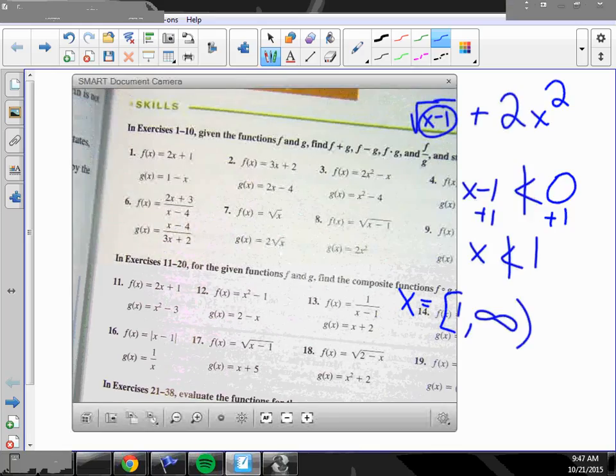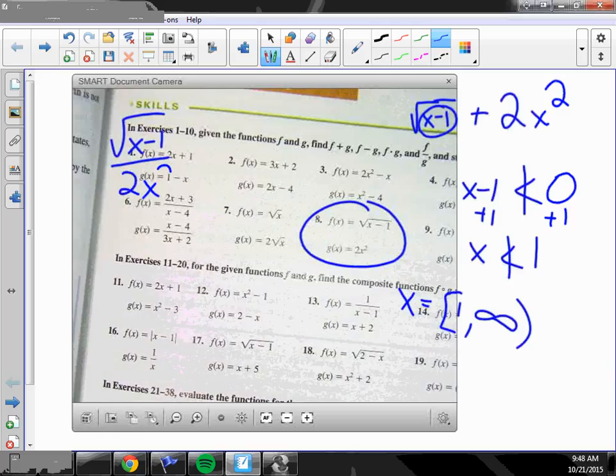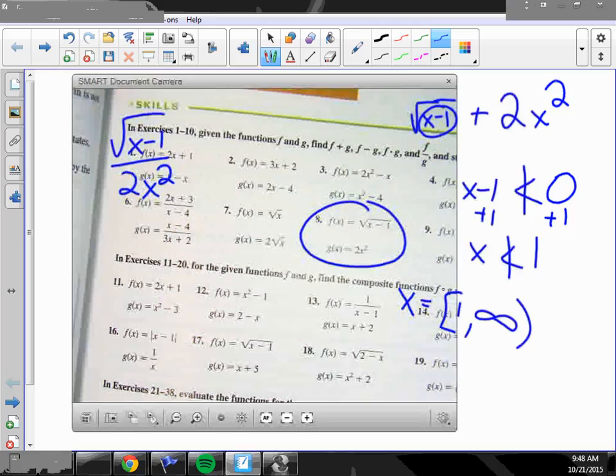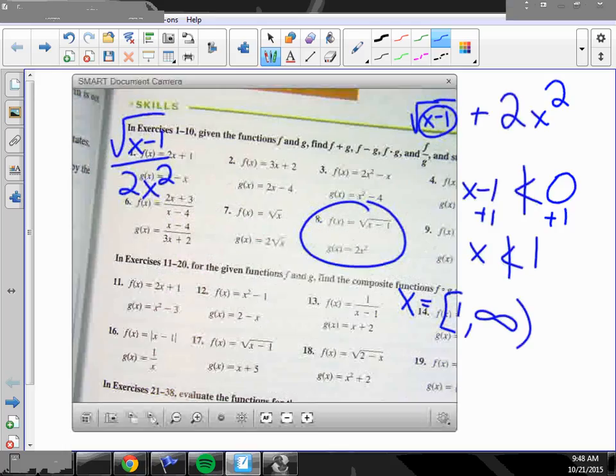If on number 8 we get to the divide problem, square root of x minus 1 over 2x squared, what's the domain of that? Some of you are working on the assignment. Stop, because you're going to miss this. What is the domain of this?